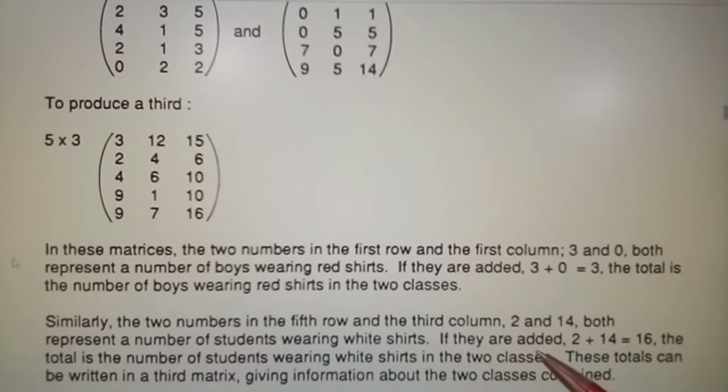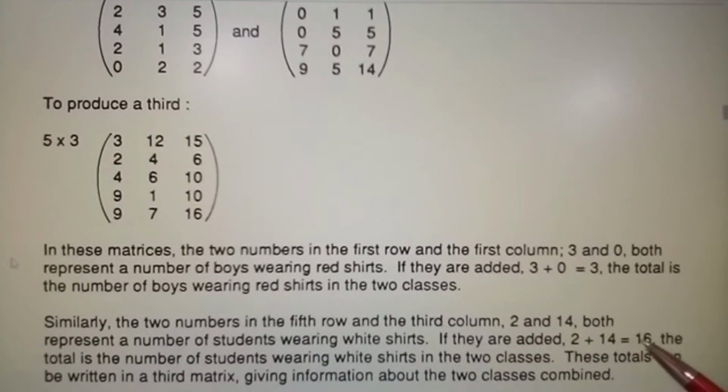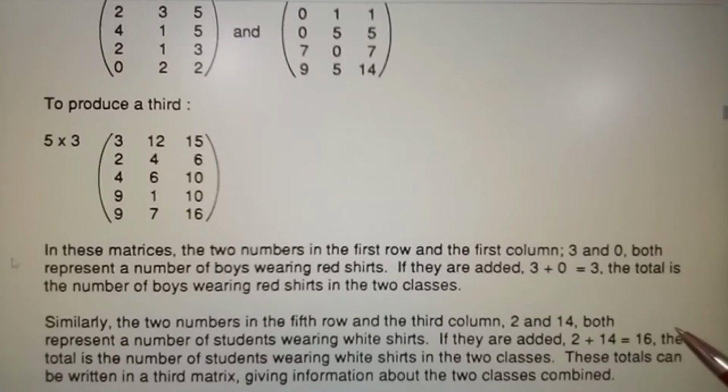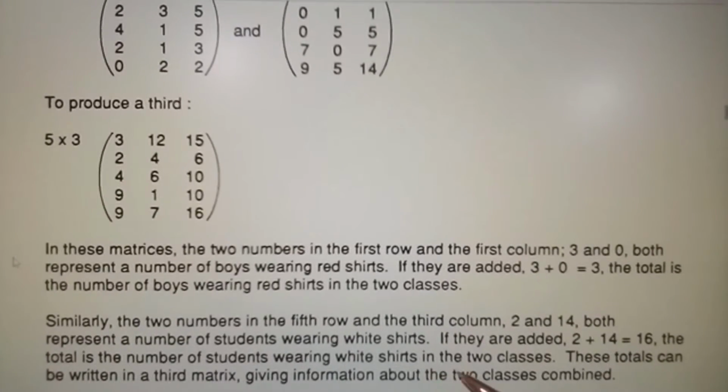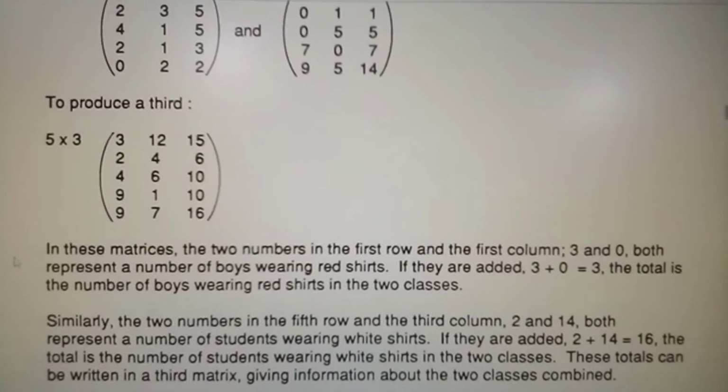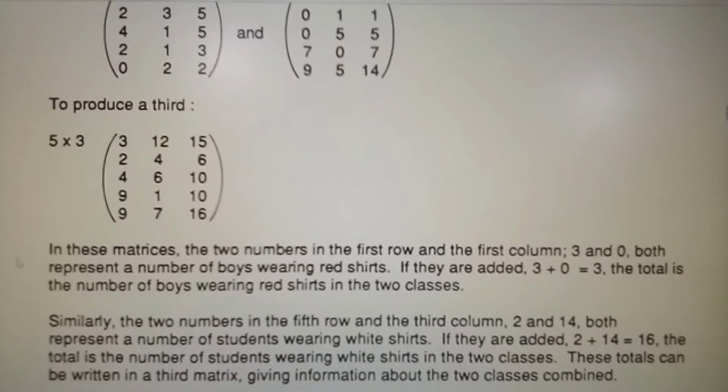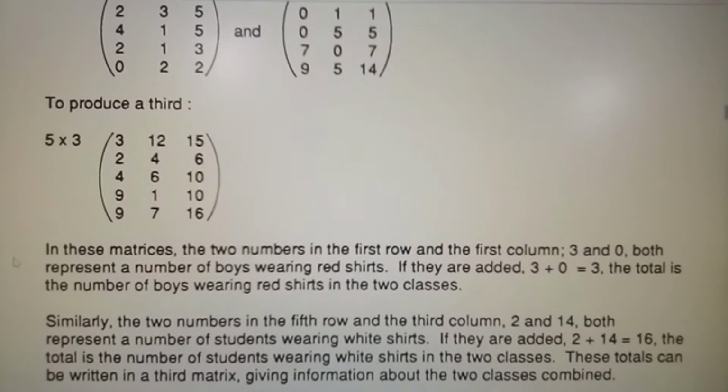If they are added, 2 plus 14 equals 16. The total is the number of students wearing white shirts in the two classes. These totals can be written in a third matrix, giving information about the two classes combined.